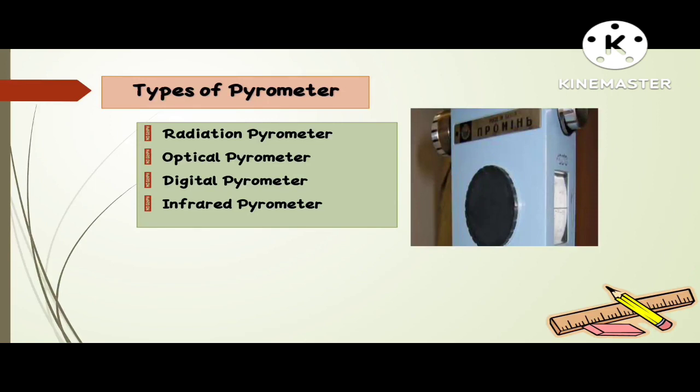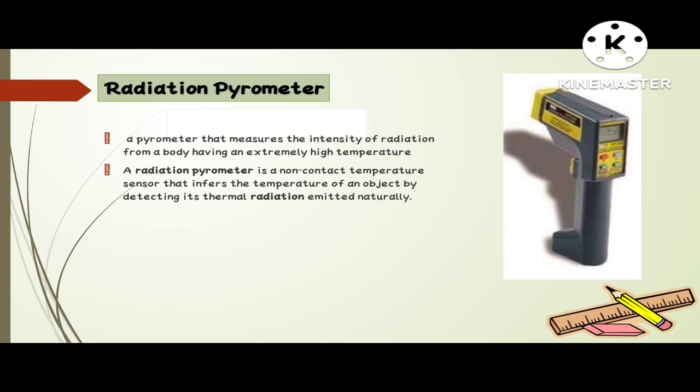4 types of pyrometer: radiation pyrometer, optical pyrometer, digital pyrometer, and infrared pyrometer. First is the radiation pyrometer. It's a pyrometer that measures the intensity of radiation from a body having an extremely high temperature. A radiation pyrometer is a non-contact temperature sensor that infers the temperature of an object by detecting its thermal radiation emitted naturally.